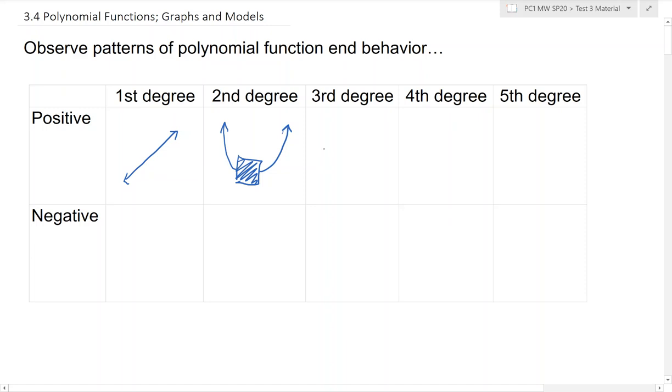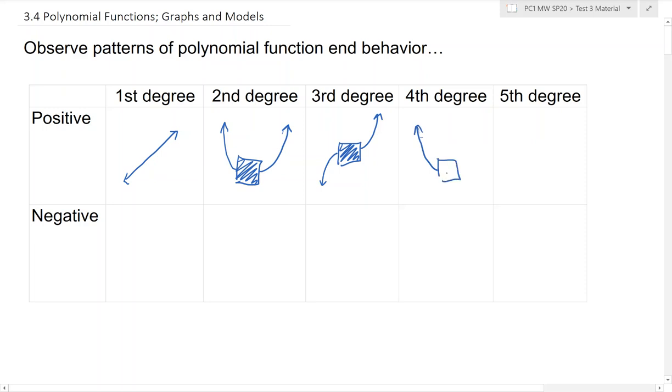And a third degree positive, if you remember, y equals x cubed looks something like this, right? And again, I'm going to censor what's going on there because we could have some different things going on, as you'll see during this section, but we just want to focus on what the ends are doing.